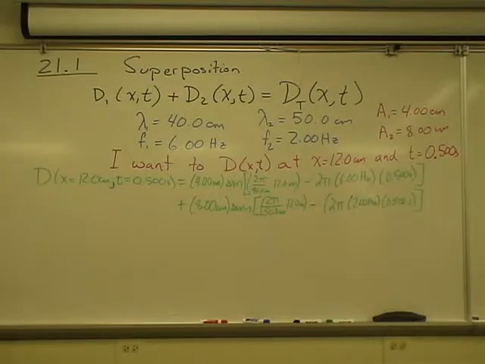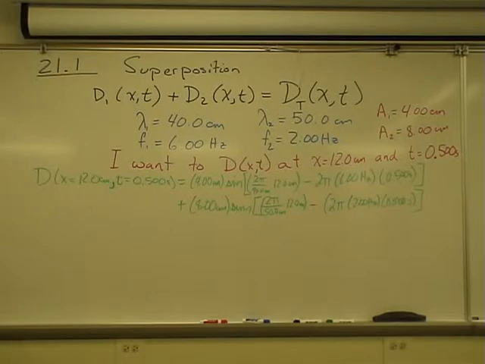Excel automatically starts in radians, so that gives me 2 pi times 12 divided by 40, and 2 pi times 6 times 0.5. Let's see here.